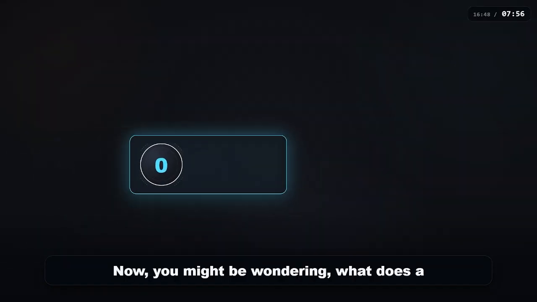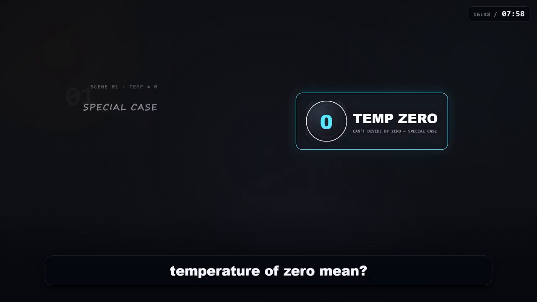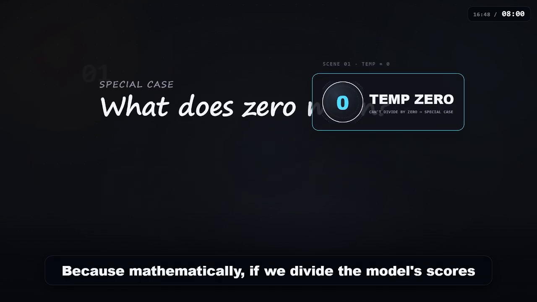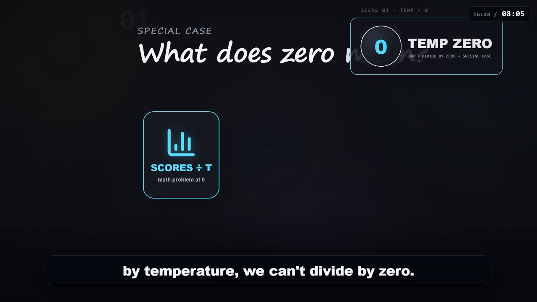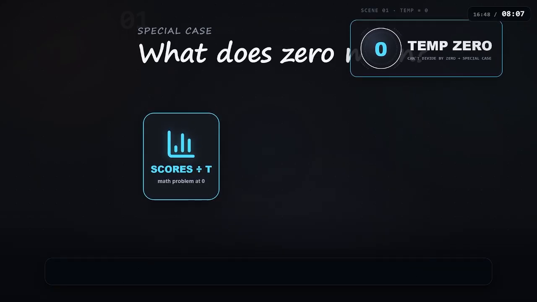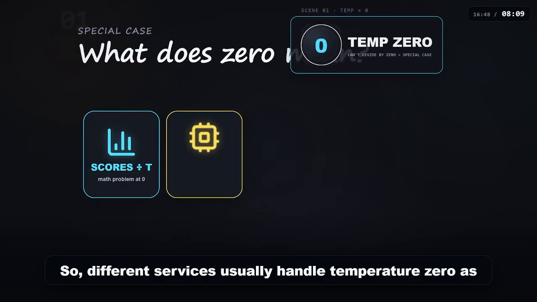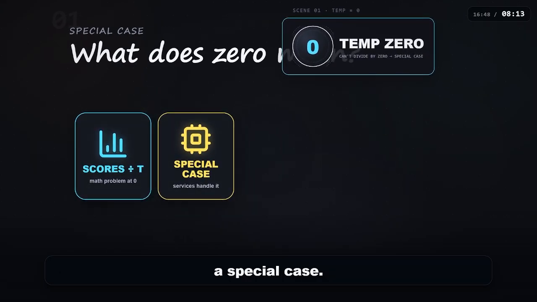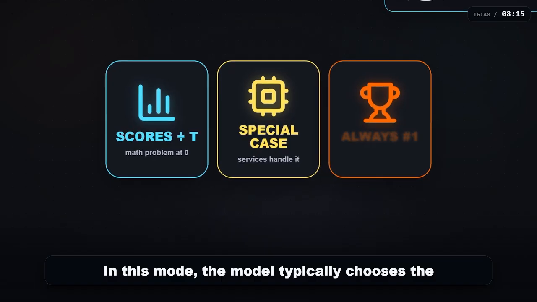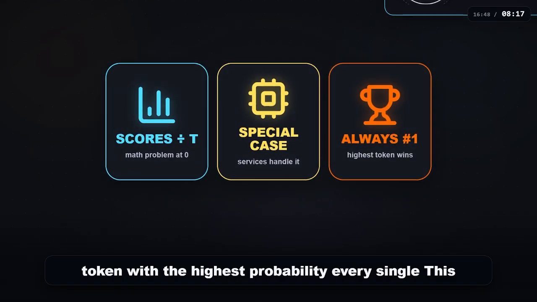Now, you might be wondering, what does a temperature of 0 mean? Because mathematically, if we divide the model scores by temperature, we can't divide by 0. That's true. So, different services usually handle temperature 0 as a special case. In this mode, the model typically chooses the token with the highest probability every single time.